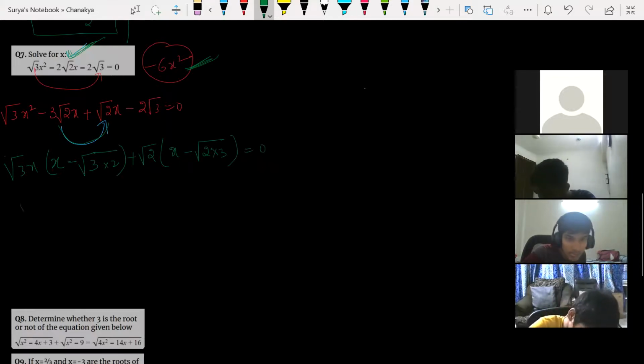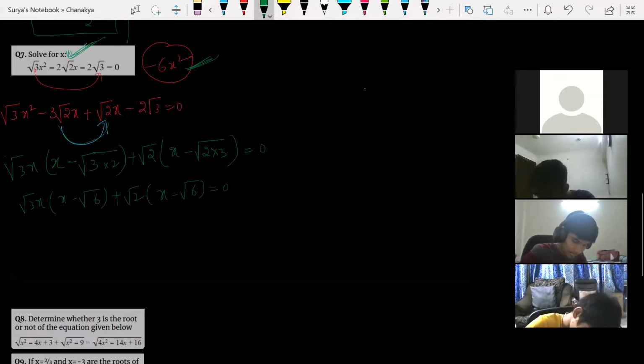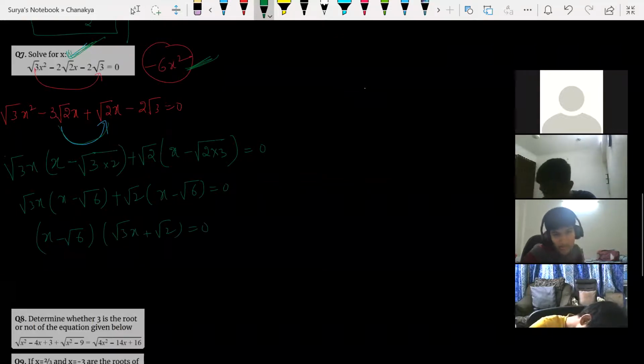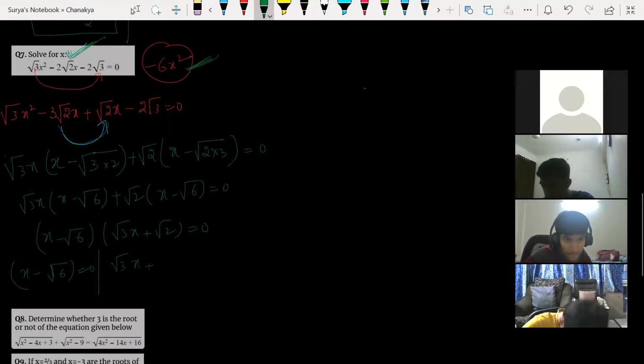So again look at this here, root 3x. So x minus root 6 plus root 2 x minus root 6 is equal to 0. Again x minus root 6 common. So if I take, what I'm going to get? Root 3x plus root 2 is equal to 0. So x minus root 6 is equal to 0, or root 3x plus root 2 is equal to 0.